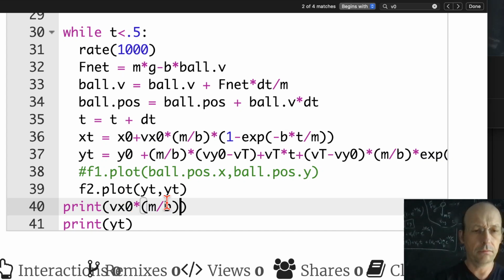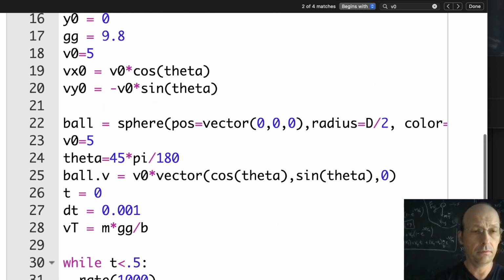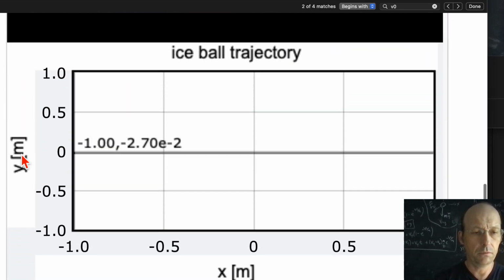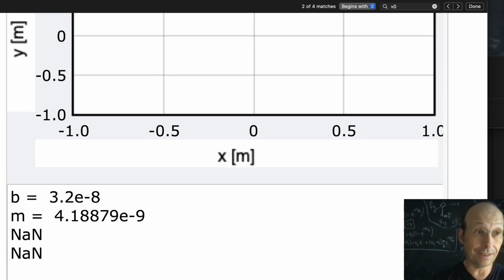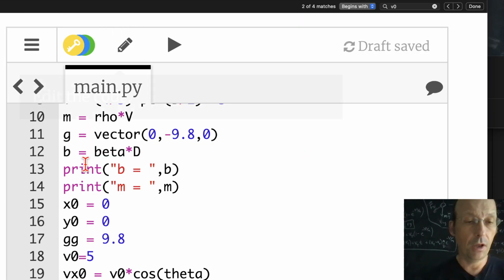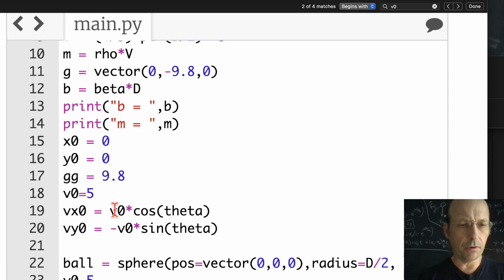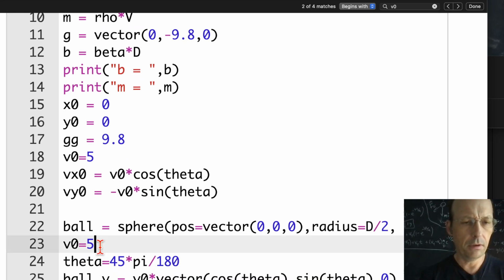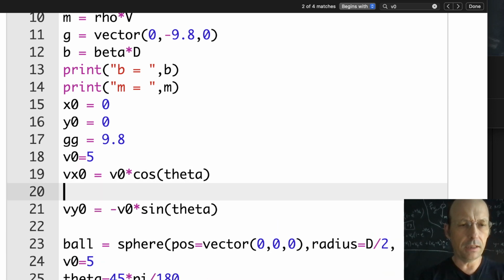Vx0. Vx0 is not a number. That's my problem. Why is Vx0 not a number? Oh, wait. I did move that up there. It's V0 times cosine theta.